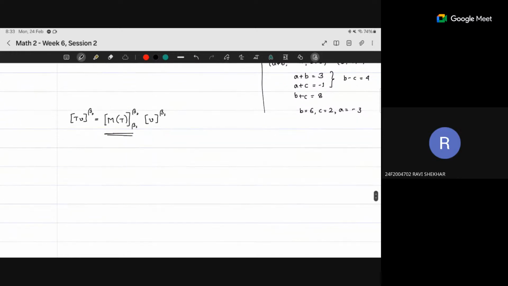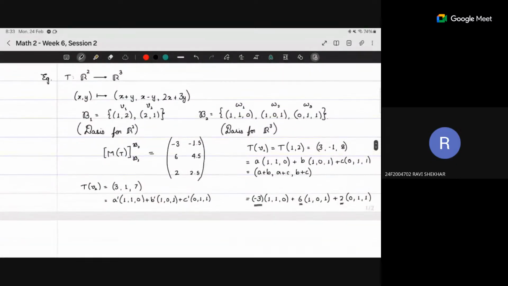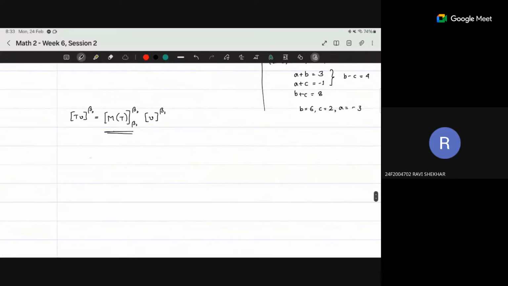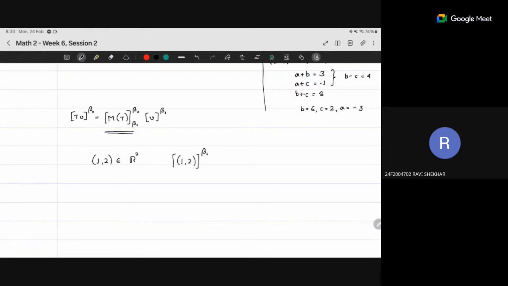So, for example, give me any arbitrary vector. Let us take 1, 2 itself. So 1, 2 belongs to R2. Now what is the coefficient vector of 1, 2 with respect to beta 1?